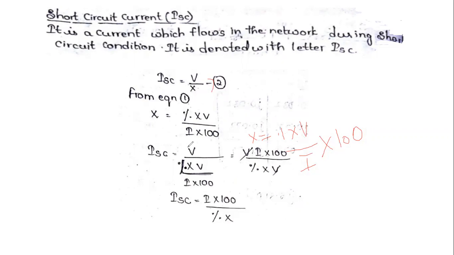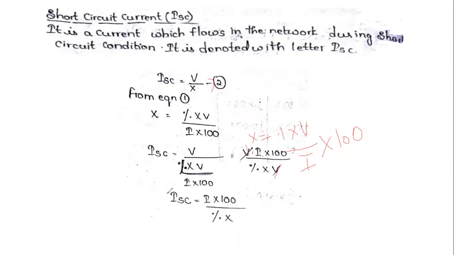Then it is denoted as V by percentage X V by I into 100. Then it will be written as V into I into 100 by percentage X into V. In this, V gets cancelled.